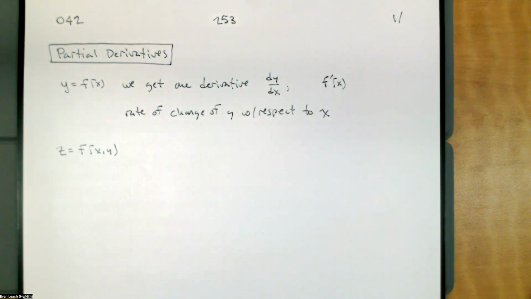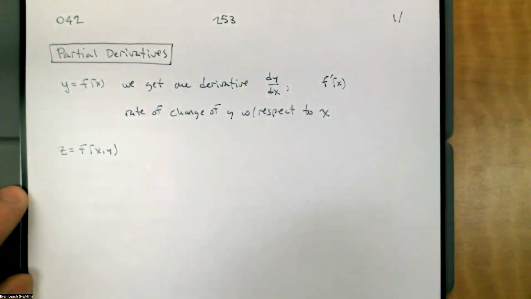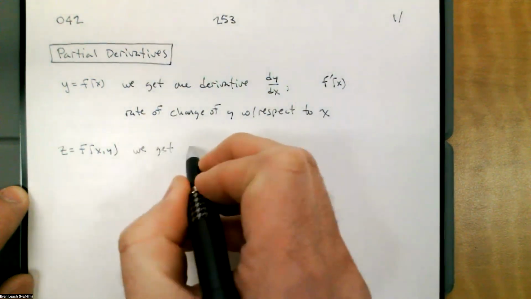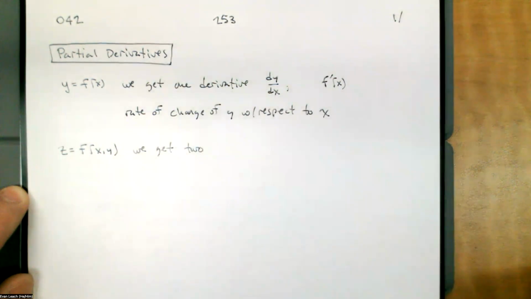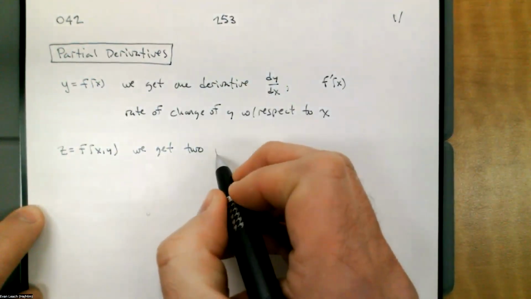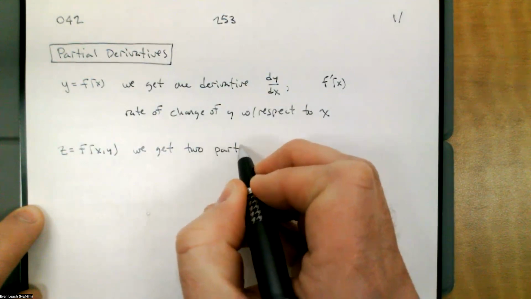The rate of change of z with respect to x and the rate of change of z with respect to y. We get two derivatives. Since there are two, and we just look at them in pieces, we call them partial derivatives. Two partial derivatives.